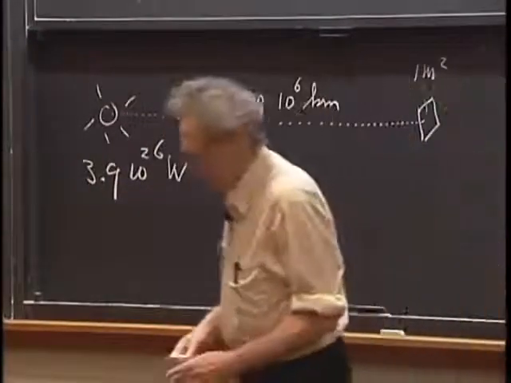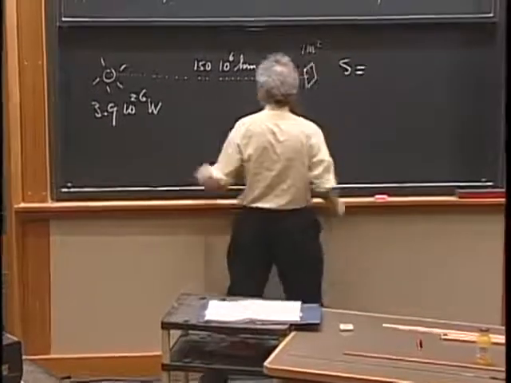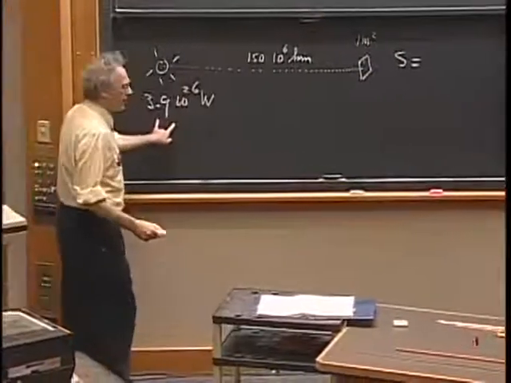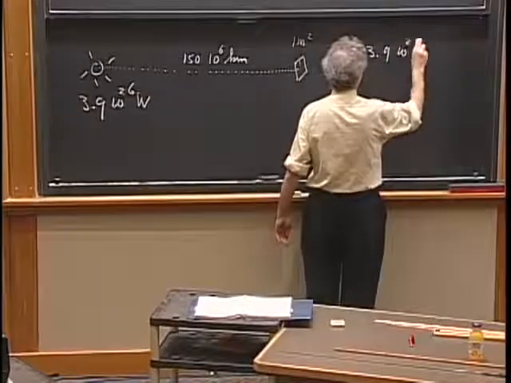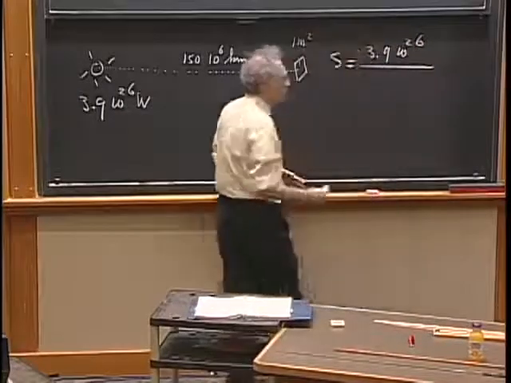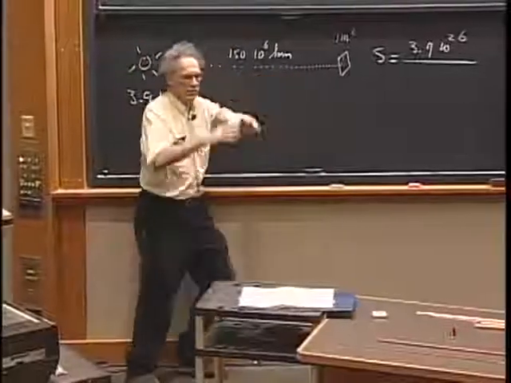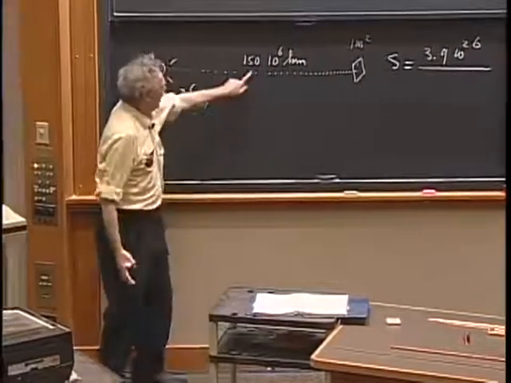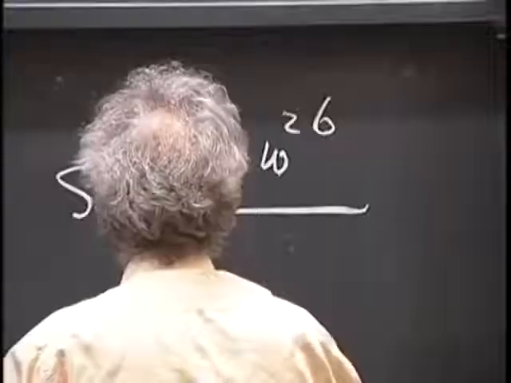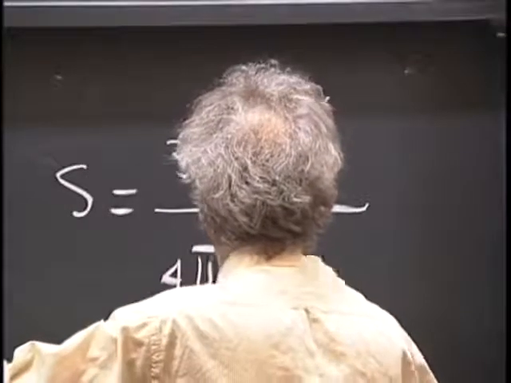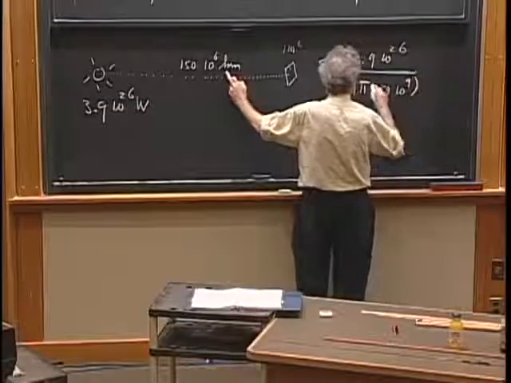So that value for S is, of course, the radiation that leaves here. That is my 3.9 times 10 to the 26. And now I have to divide it by the entire surface area of the sphere, which goes in all directions, that has this radius. And that surface area is 4 pi times that radius squared. So that is 150 times 10 to the 9th, because I have to go to MKS units, squared.